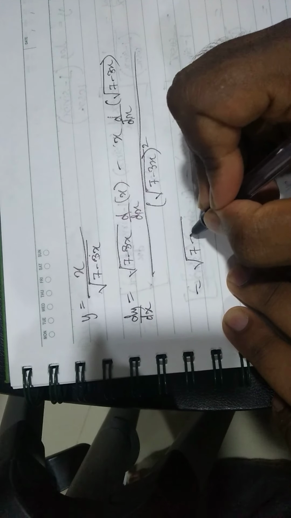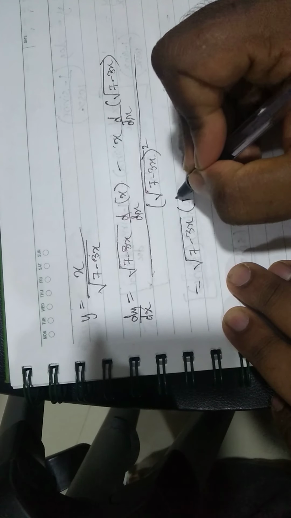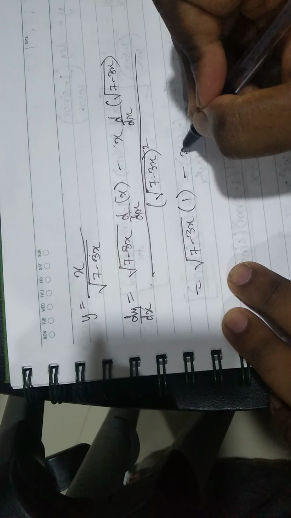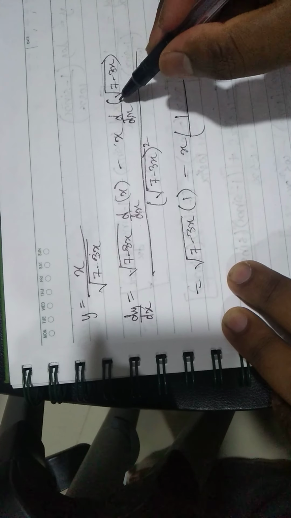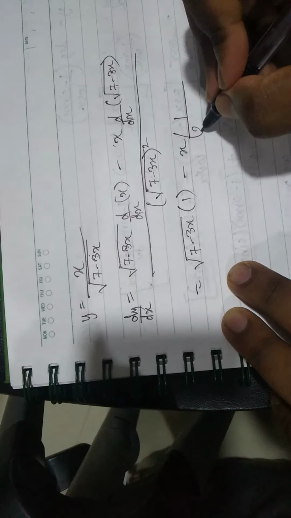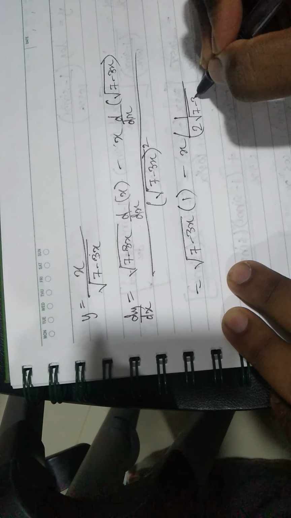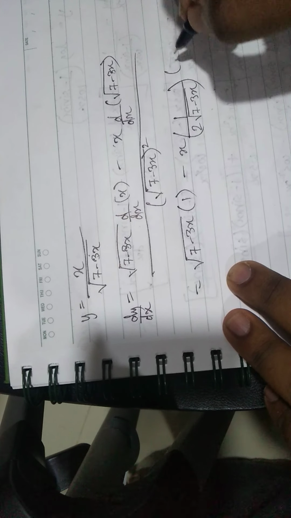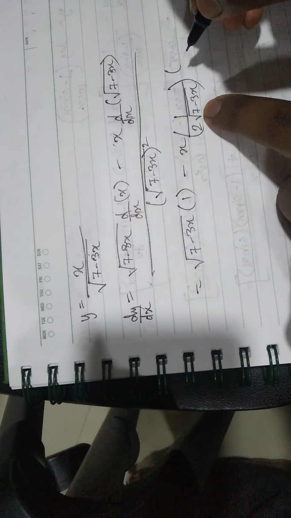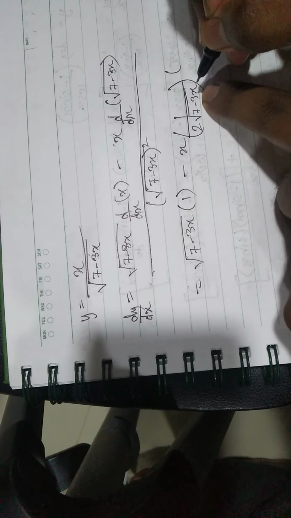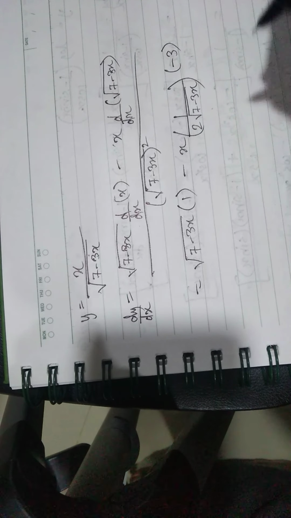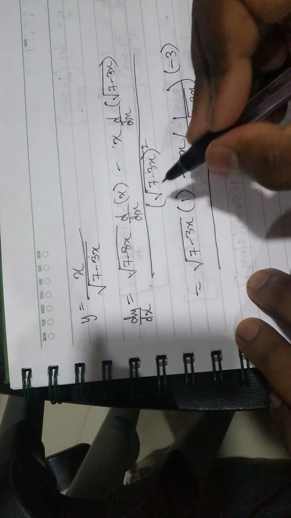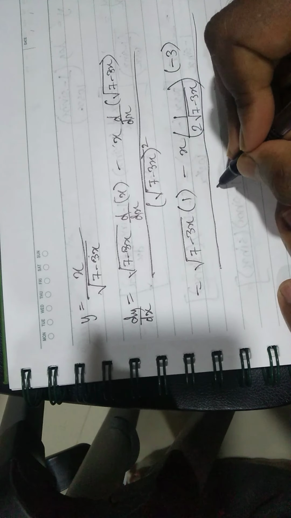So this is 7 minus 3x times derivative of x is 1 minus x times, now here the outer function is the square root. So root of 7 minus 3x times, now we'll have to take the derivative of the inner function, which is 7 minus 3x. So derivative of that is 7, derivative is 0, minus 3x is going to be minus 3. The whole upon, now here this is square root of 7 minus 3x the whole square.